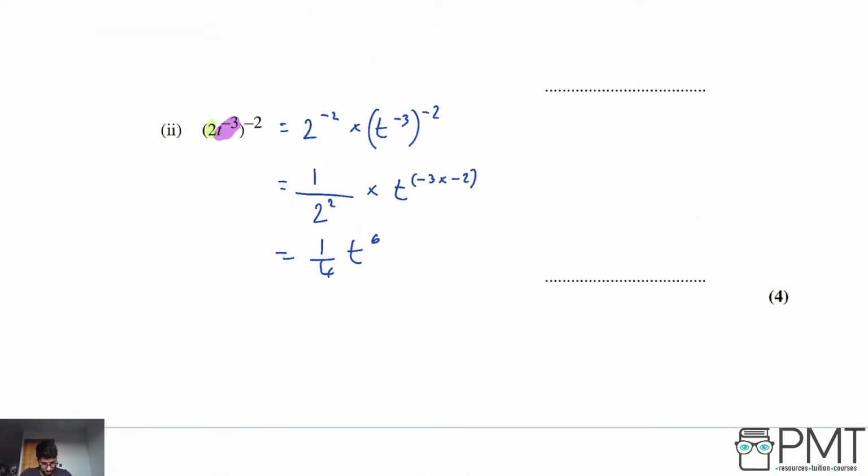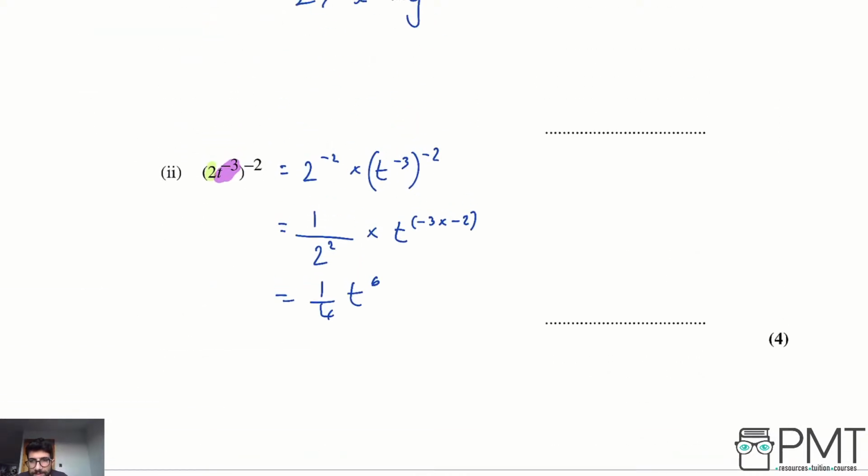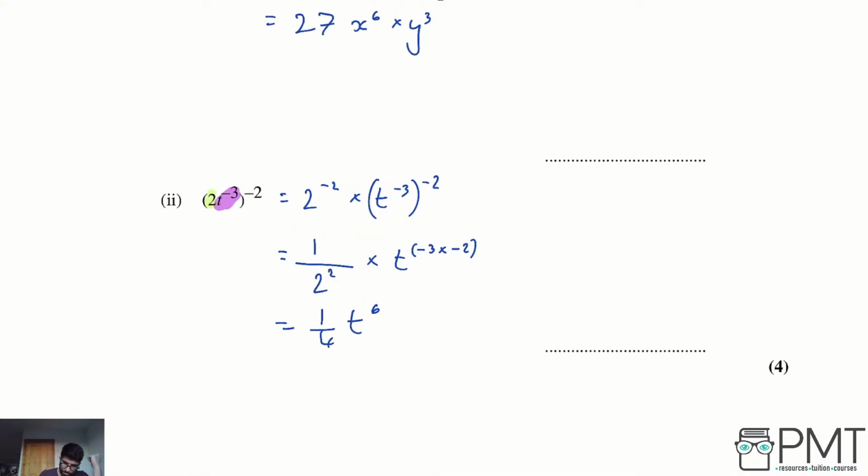Okay, previous question, let's check that. 1 over 4 t to the minus 6, okay, that's an interesting one, that's a nice one. So you are saying in the previous question, you said 1 over 4t to the minus 6.